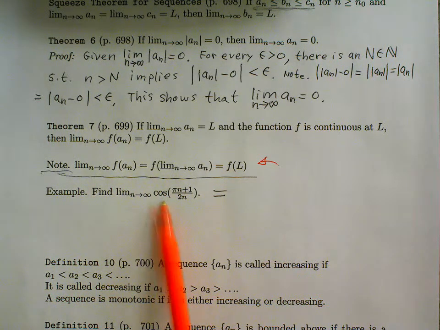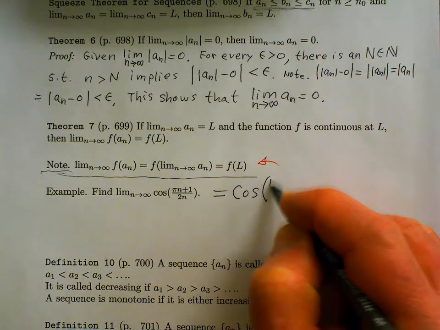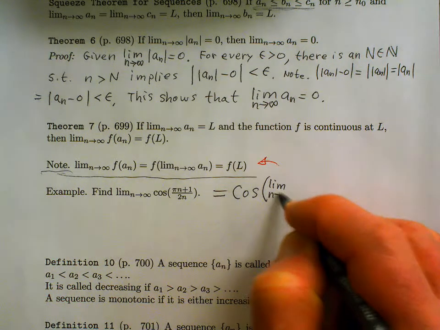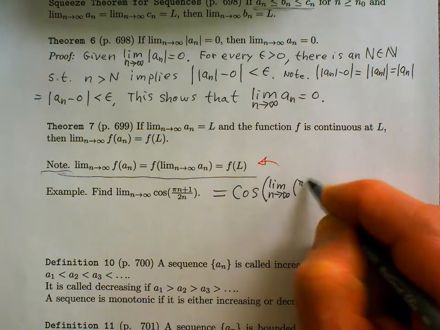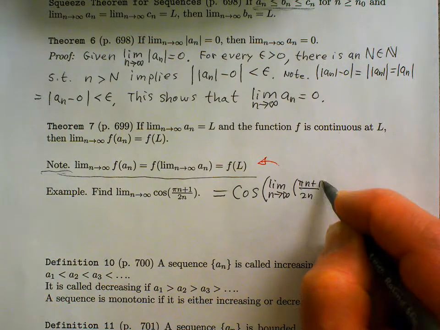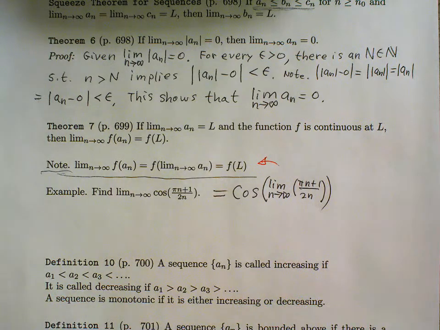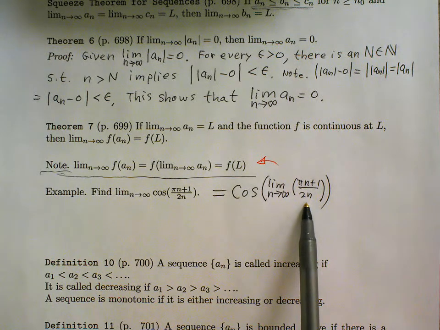Cosine is just a function. So we can take the cosine of the limit as n approaches infinity of pi n plus 1 over 2n. And then we just need to know how to find the limit of pi n plus 1 over 2n.